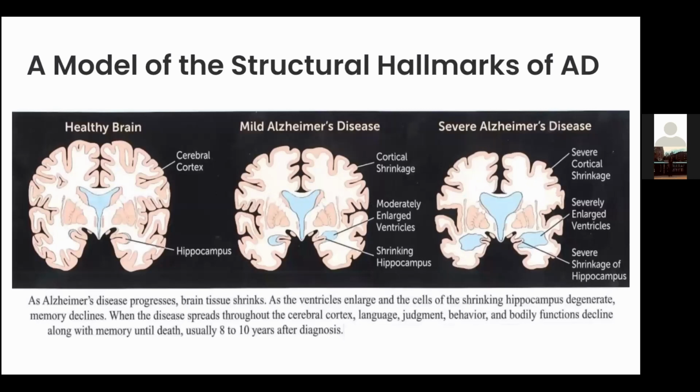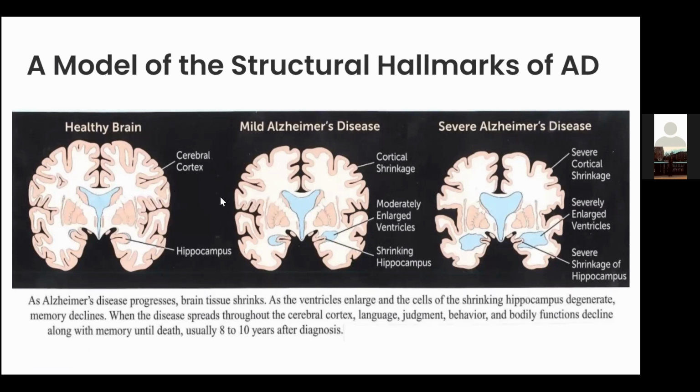So this is a complete model of the structural hallmarks of Alzheimer's. As Alzheimer's disease progresses, the tissue also shrinks. And as you can see from the images right over here, the ventricles also enlarge. And this can cause cognitive function changes like memory loss and difficulty speaking.